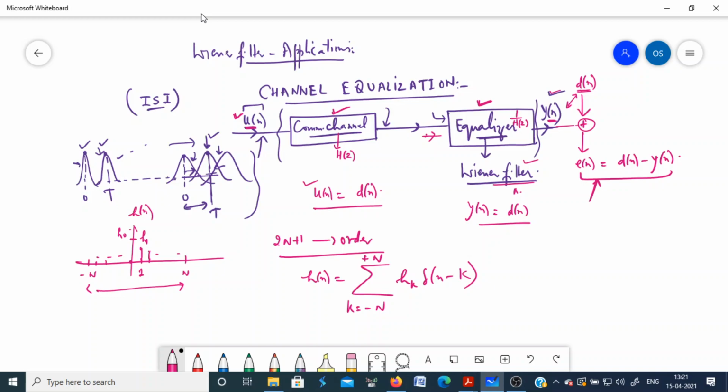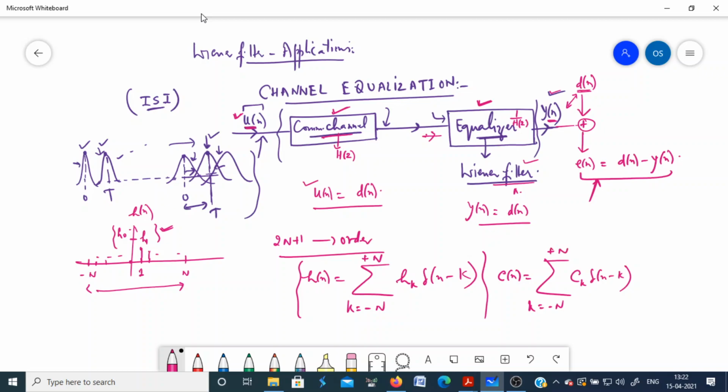Okay, so the problem now is to find these coefficients in such a way that, if some channel response is given to you, you choose these coefficients so that the output of the equalizer will be the same as the input to the channel. Okay, so if this is the impulse response of this equalizer, similarly let us suppose cn is the impulse response of this communication channel, so I can write it as the summation of ck delta n minus k, k from minus n to plus n.